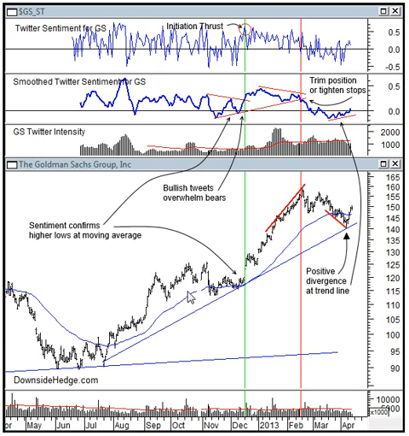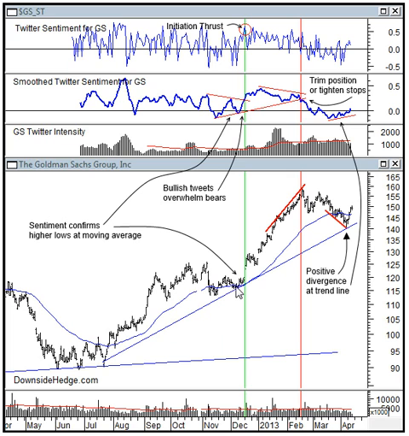Out of the July bottom, sentiment confirmed the move in price by staying above zero and staying in a fairly well-defined range. After Goldman Sachs moved higher for several months, it started to consolidate. It fell down to the 50-day moving average and then hovered near that area for about 6 weeks.